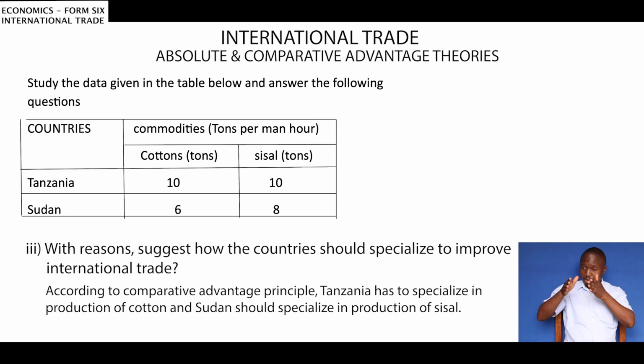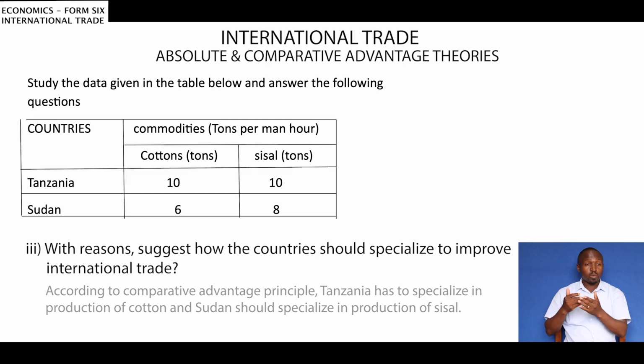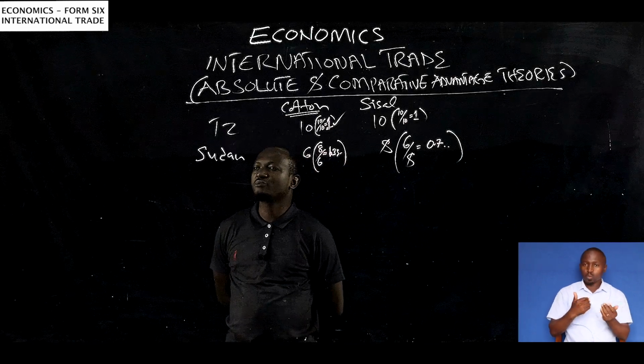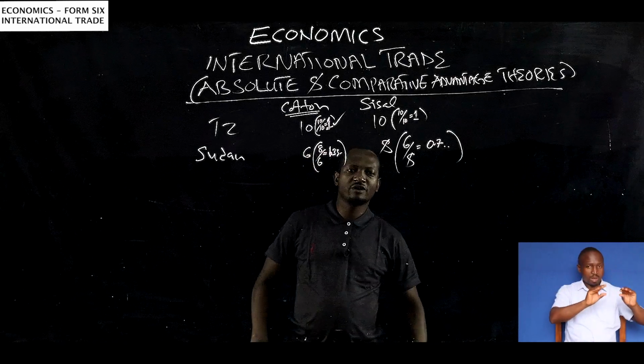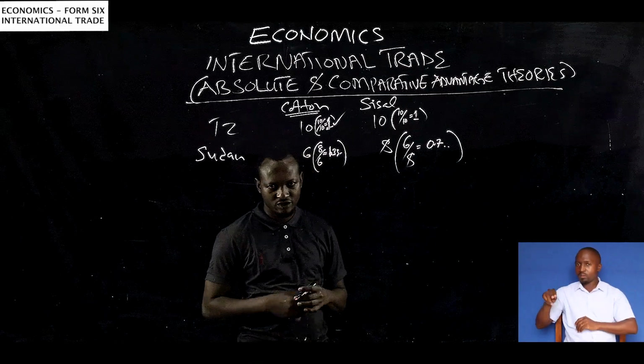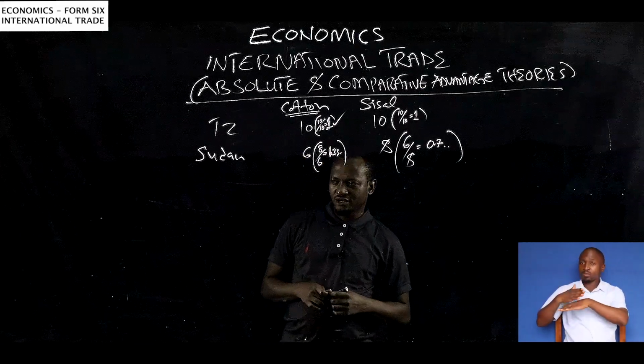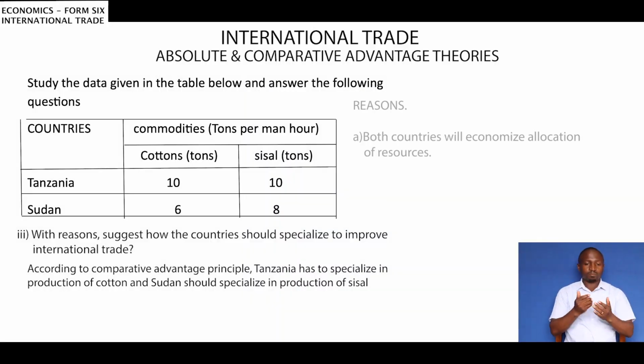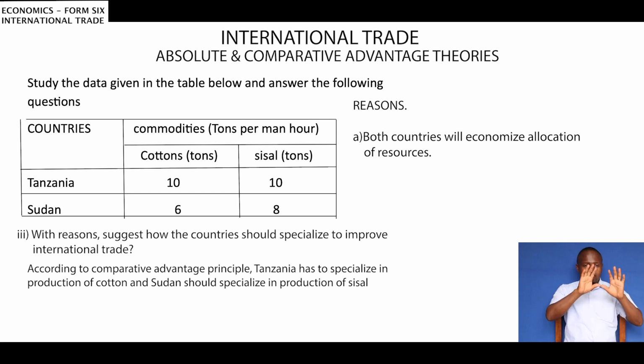Reasons why Tanzania should specialize in the production of cotton and Sudan in the production of sisal. The first reason is that both countries will economize allocation of resources, because Tanzania should take all its resources to produce only cotton, while Sudan should take its resources to produce only sisal.